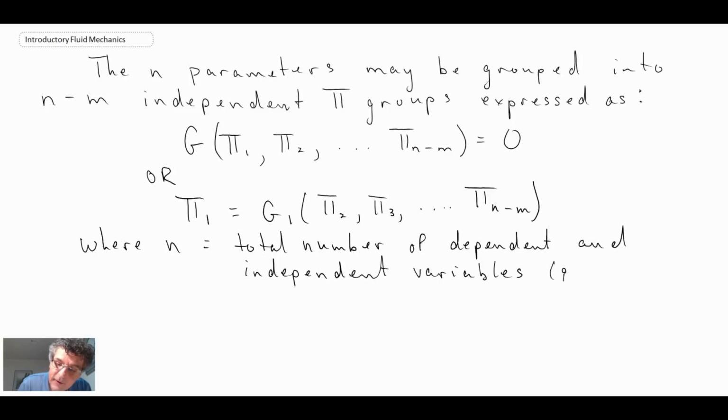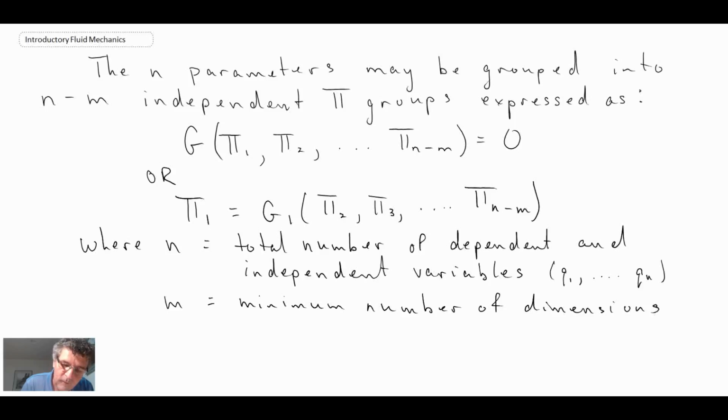And in the example, we were looking at q1 all the way up to qn. And m is the minimum number of dimensions required to characterize those parameters or variables. So by dimensions, we mean length, mass, time, temperature if you have non-isothermal scenarios.